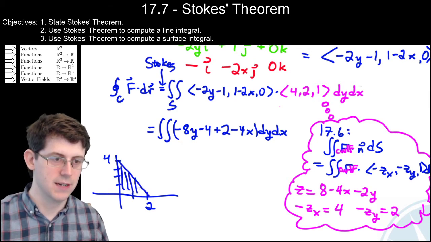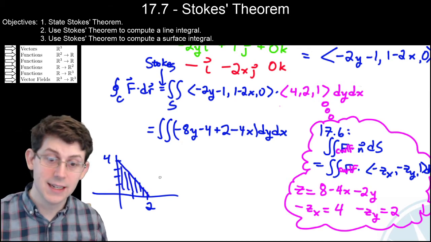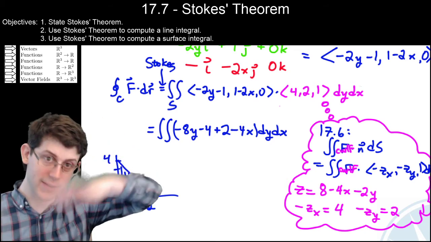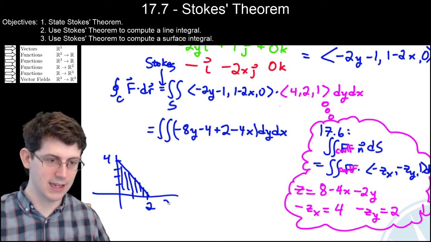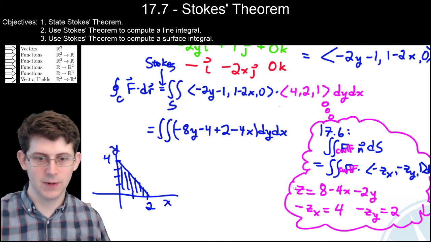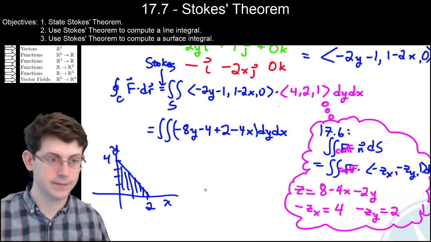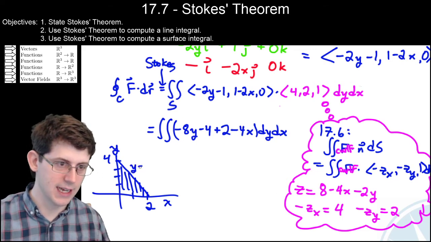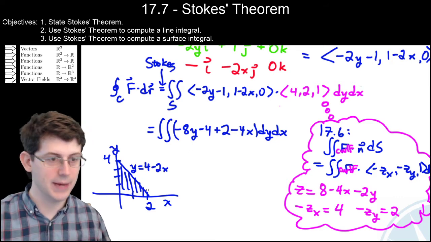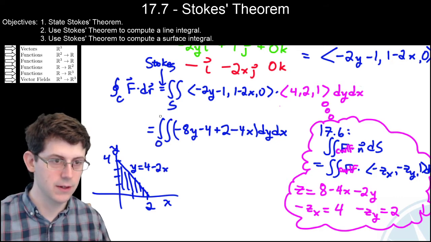This is the region when we look down on our triangle, what it looks like in the xy plane. And this line comes from the plane where z equals 0. So what is this line? This is y equals 4 minus 2x, I guess. So my bounds are x goes from 0 to 2, and y goes from 0 to 4 minus 2x.